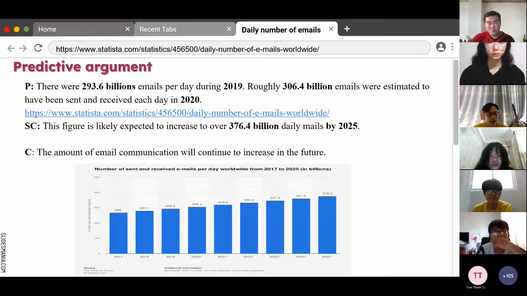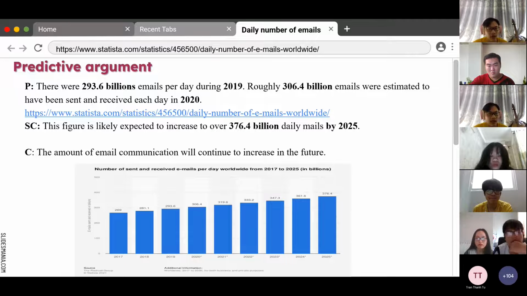This figure is likely expected to increase to over 376.4 billion daily emails by 2025. The conclusion is the amount of email communication will continue to increase in the future.